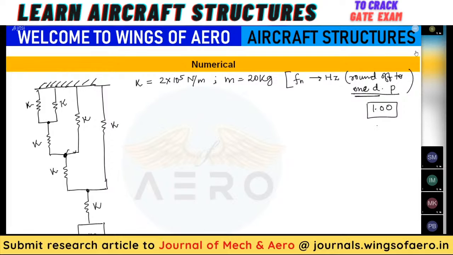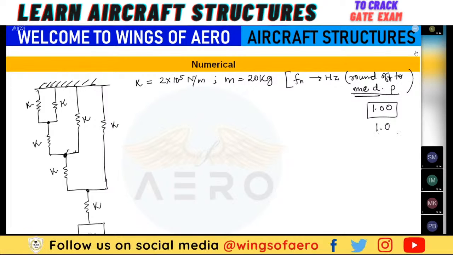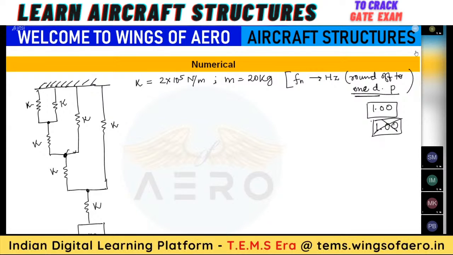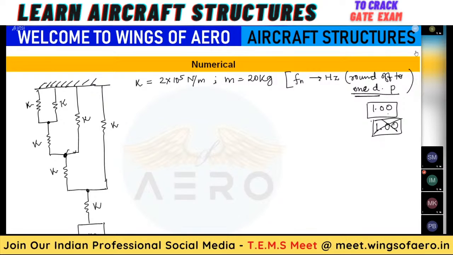If they are asking for 1, even if your answer is 1, you have to write 1.0. If you write 1.00, the answer will be captured as 0, even though you have found it correctly. So be very careful with the words they have mentioned.